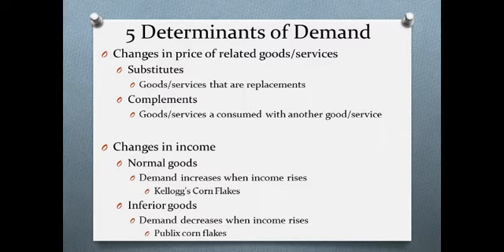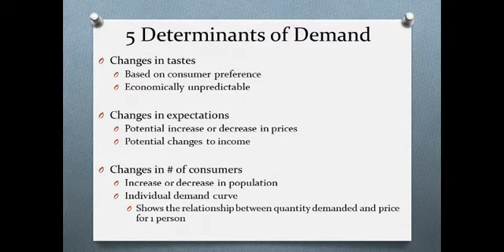So people are going to go with Kellogg's Corn Flakes because it's a normal good. It's the brand name. People want that. But if their income goes down, they're going to go for the inferior good. They're going to go for the store brand, the Publix Corn Flakes, for example. Changes in taste. This is completely based on consumer preference and sadly is completely economically unpredictable.